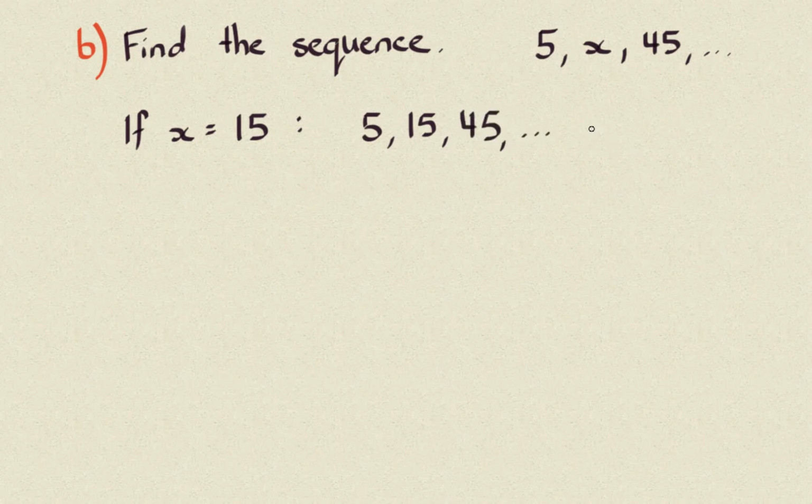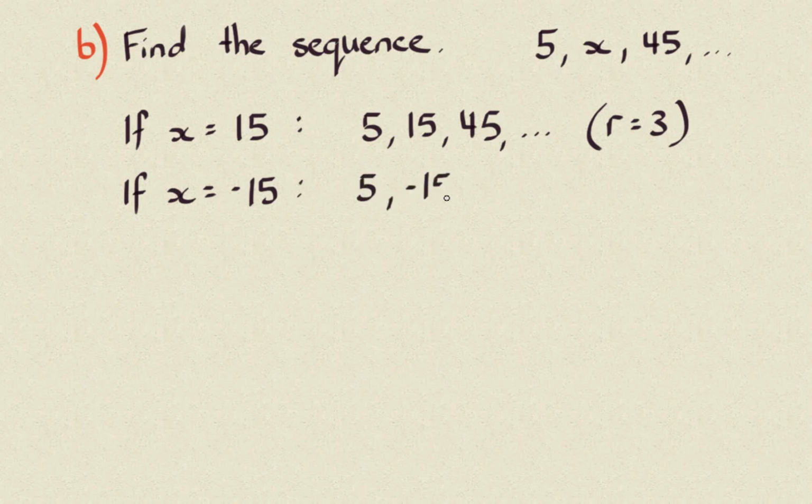And what can you see is the r value for this? Well, in this case, we have a common ratio of 3, right? And whether you notice that 5 times 3 is 15, or you ask yourself, what's 15 divided by 5? We can see our common ratio is 3. But remember, we also found that x could be negative 15. And I said this is okay for a geometric series. It would look like this.